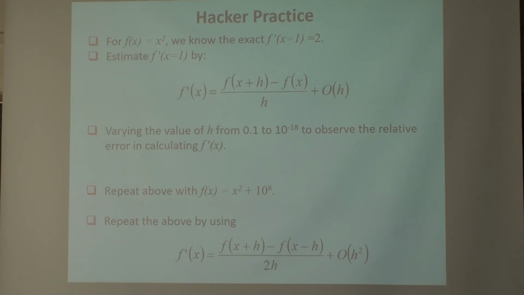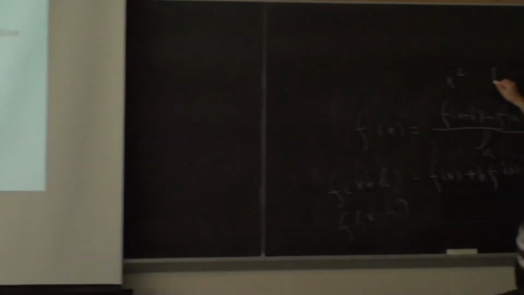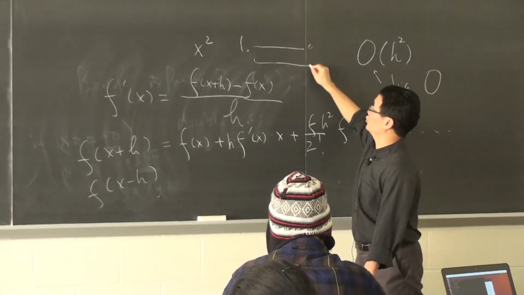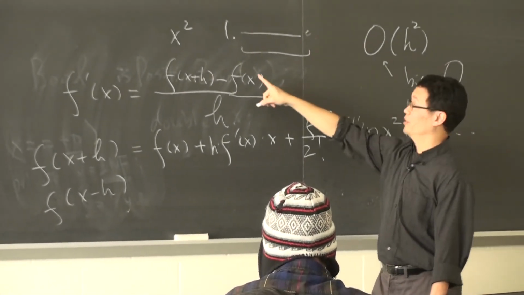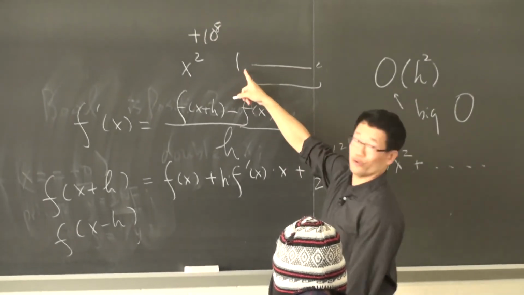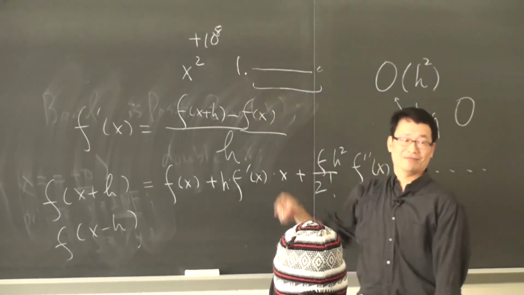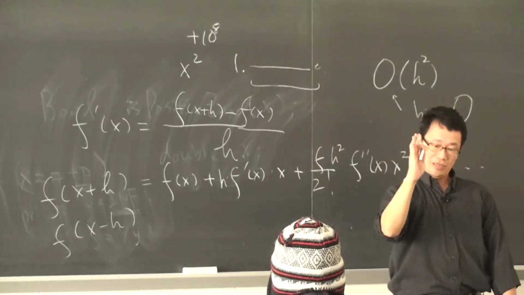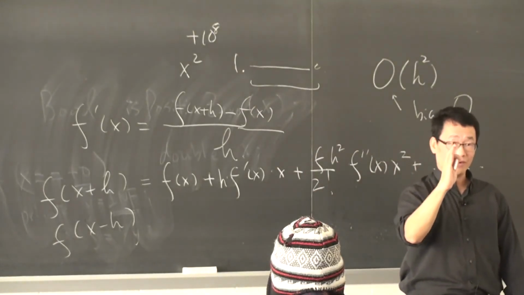So it's more errors, right? That's precisely coming from the precision. When you evaluate f of x plus h originally in x squared, you carry the significant digits to this number. But if I force this one to be plus 10 to the 8, you will see the round-off error.